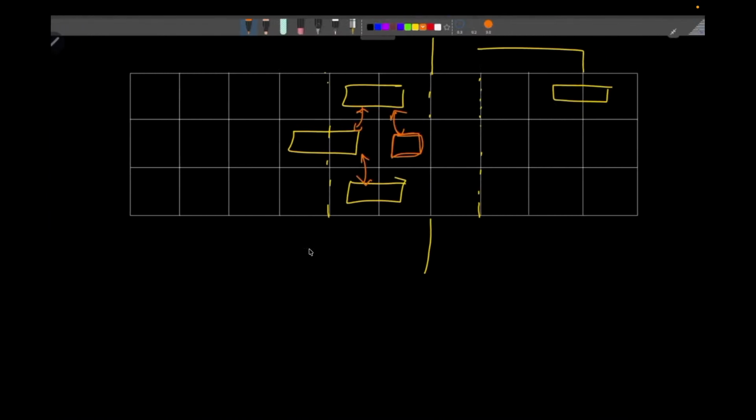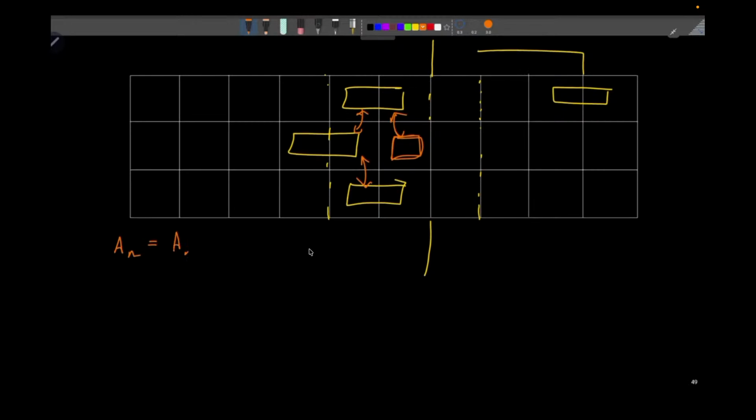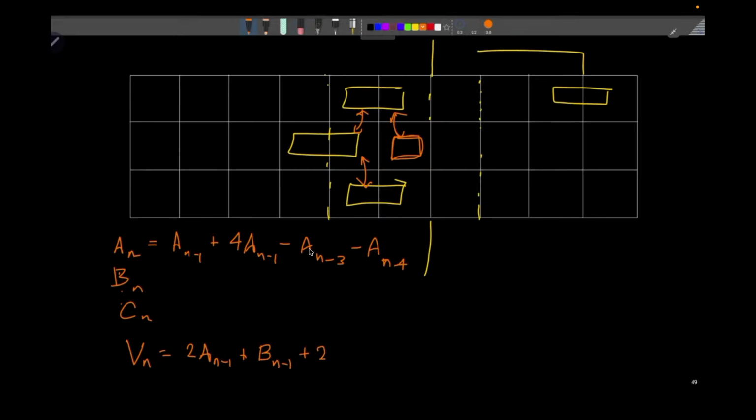So having these recurrences, that An equals An minus 1 plus 4An minus 2 minus An minus 3 minus An minus 4, and all the other analogs for Bn and Cn, and that Vn equals 2An minus 1 plus Bn minus 1 plus 2Cn minus 1, and whatever the rest of it was.